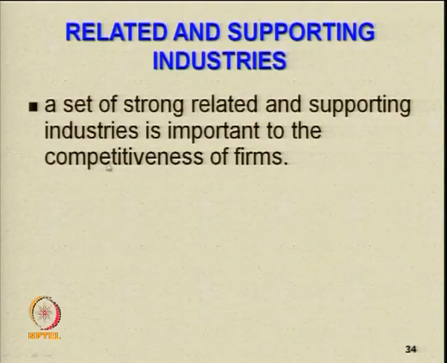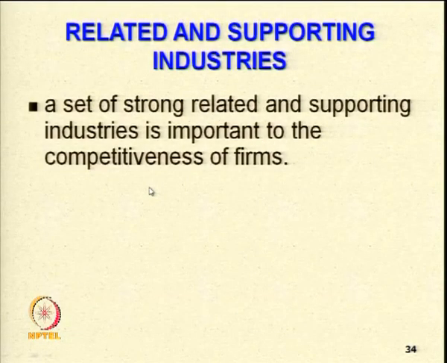Related and supporting industries. A set of strong related and supporting industries is important to the competitiveness of the firms. This is an absolute must. You cannot have an industry in isolation. This is true not only for the assembly line based industry, it is true for any industry. In fact, an industry survives on the easy availability of maintenance industries around it.